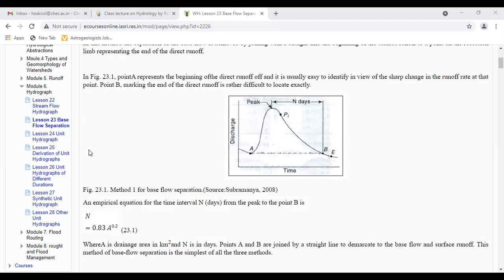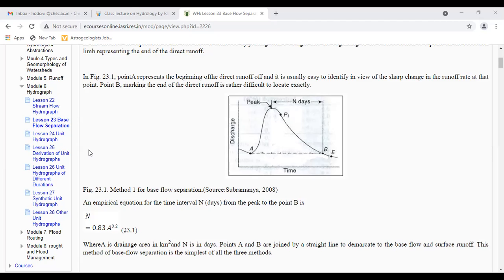N is probably better determined by inspection of a number of hydrographs of the basin. And here are some reasonable and unreasonable estimations of N.